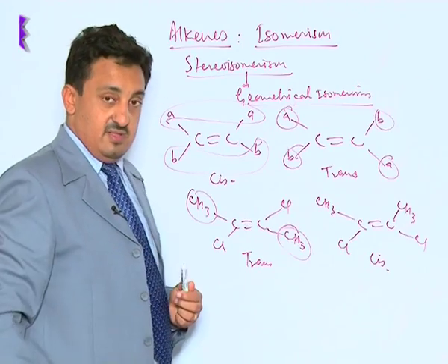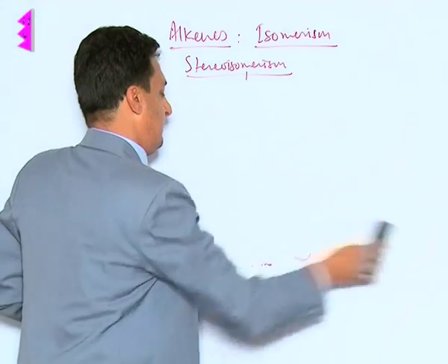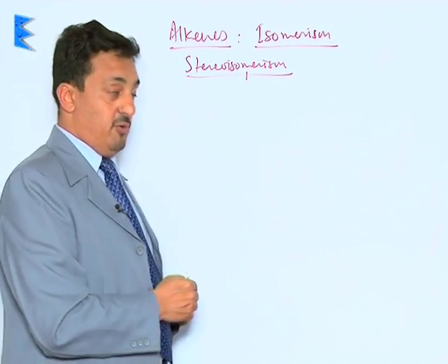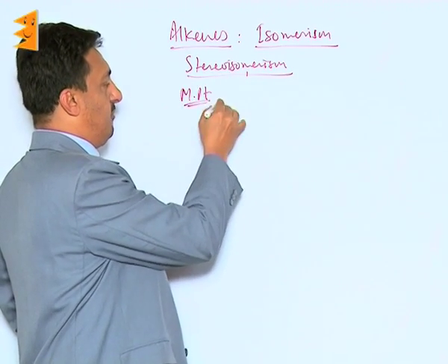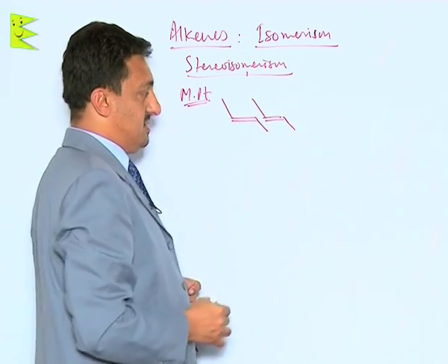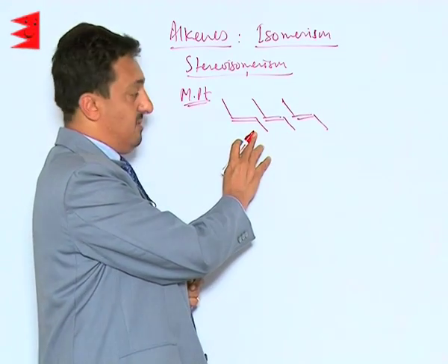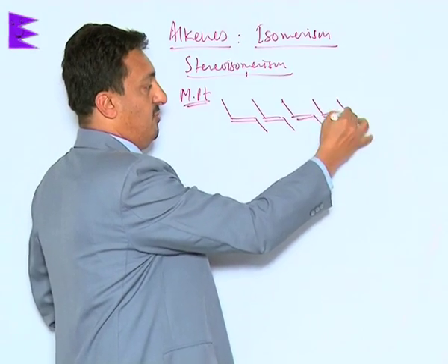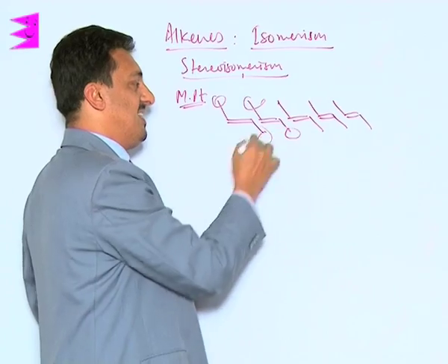Now let me explain how these cis and trans isomers differ, not only in their melting points but also in their boiling points. First, the melting point. From this bond line representation, this will be the trans isomer of butene. Trans butene is found to have a more compact packing in the solid state because it has the least steric hindrance.